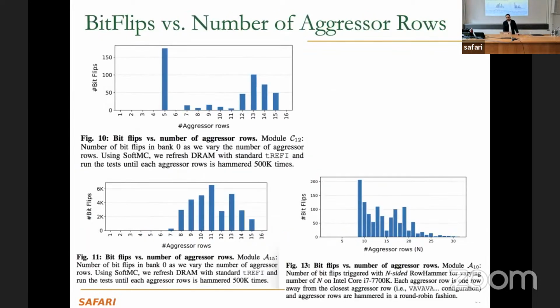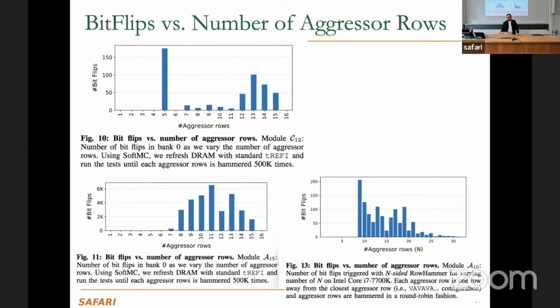And here in these three plots, they belong to different modules. On the x-axis, we sweep the number of aggressor rows we have in this attack or access pattern. On the y-axis, we have the number of bit flips we have. So as you can see, up to 4 aggressor rows for this plot, you do not observe any bit flips. The reason is that the counter mechanism they implemented inside that DRAM module can keep track of those 4 aggressor rows and refreshes their victims.